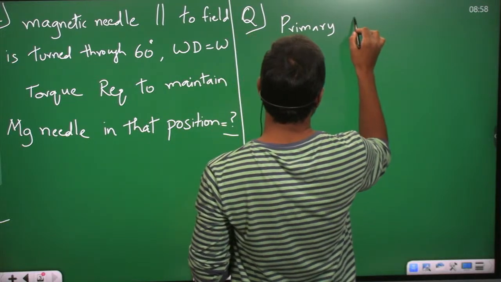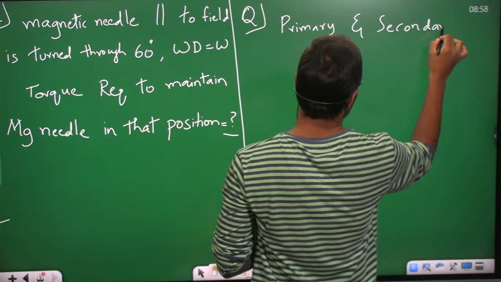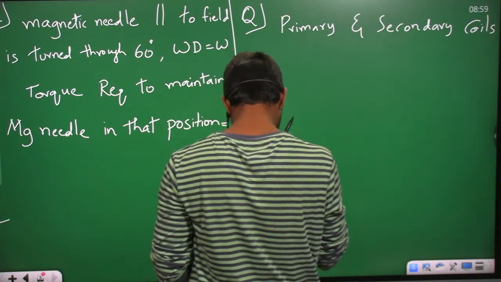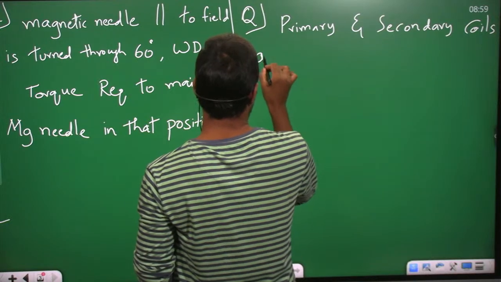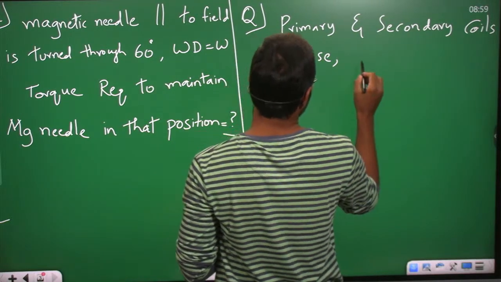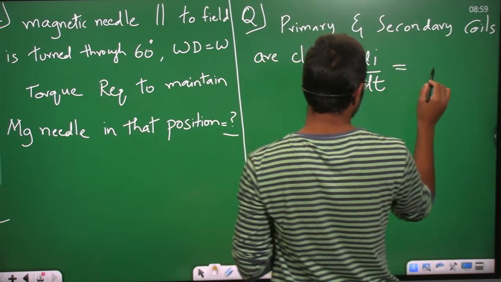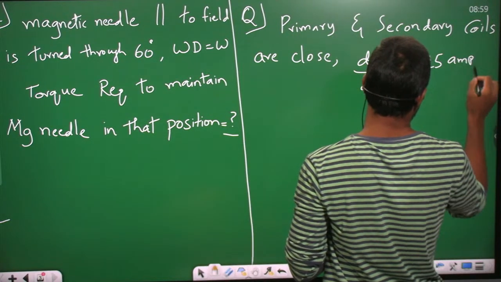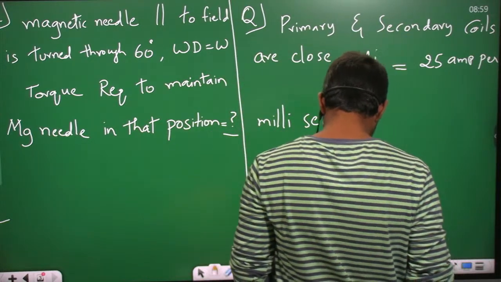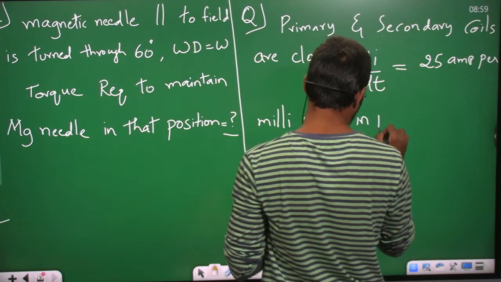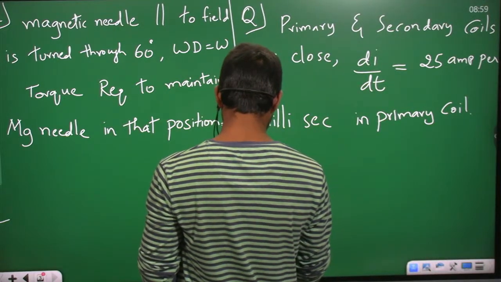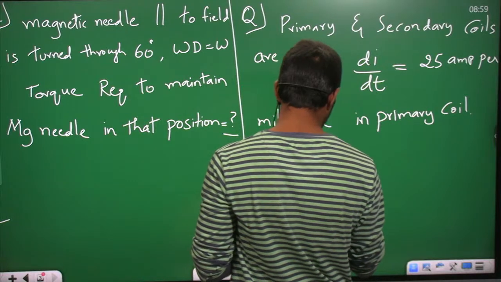Okay, let's check. The mutual inductance is 92 into 10 power minus 6.